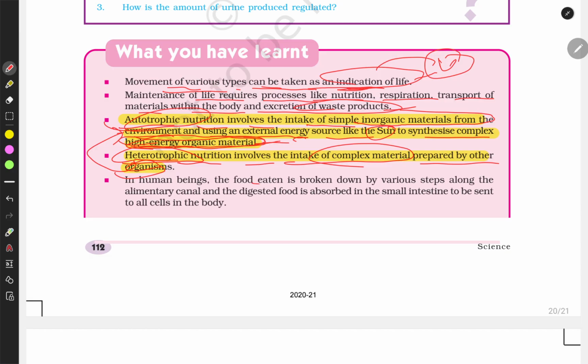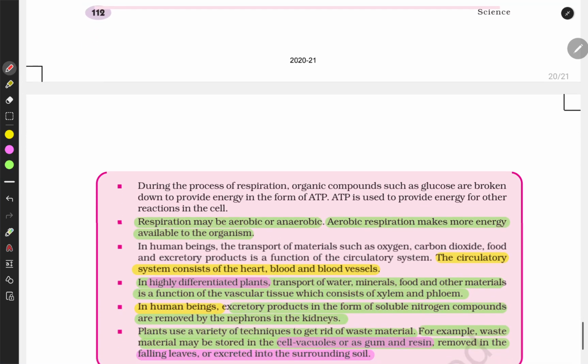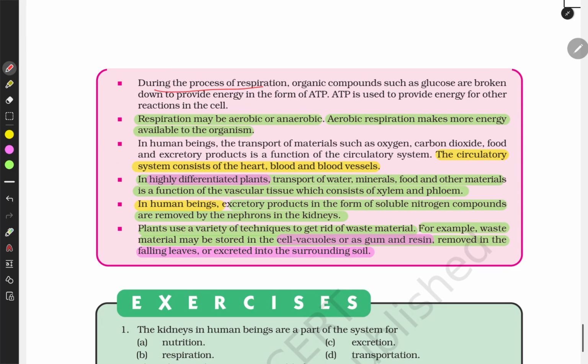In human beings, food is eaten and broken down in various steps along the alimentary canal, and digested food is absorbed in the small intestine and sent to all the cells of the body. During respiration, organic compounds such as glucose are broken down to provide energy, and this energy is immediately utilized to synthesize the ATP molecule. ATP is used to provide energy for other reactions in the cell.